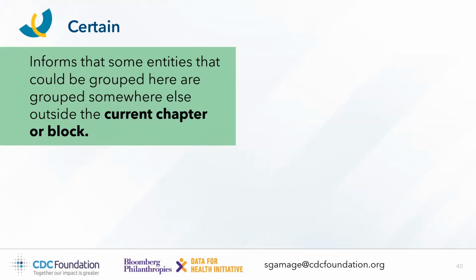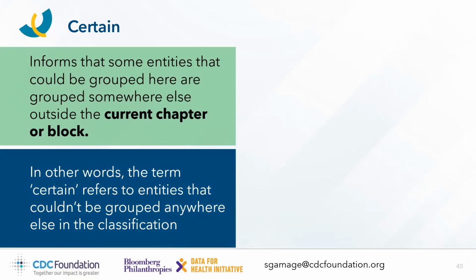Moving to another convention, certain informs that some entities that could be grouped here are grouped somewhere else outside the current chapter or block. In other words, the term certain refers to entities that couldn't be grouped anywhere else in the classification.